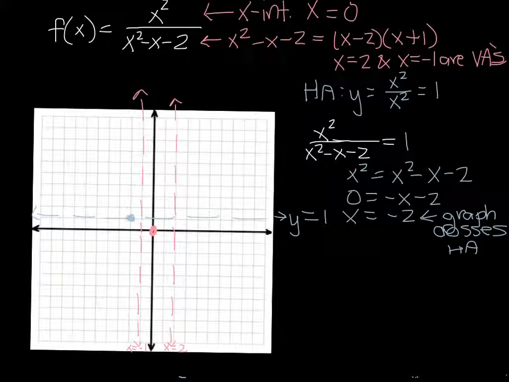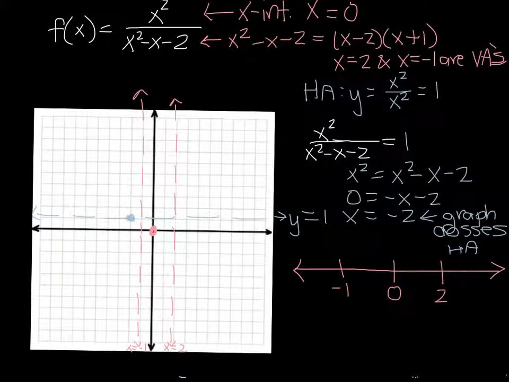Now we have all of our critical values. We can go ahead and make an interval chart. Remember, your critical points for rational graphs are any important x values. So the x-intercepts and the vertical asymptotes, basically what makes the numerator and denominator 0, are going to be your critical points. So in this case, we have negative 1, 0, and then positive 2 as our critical points.